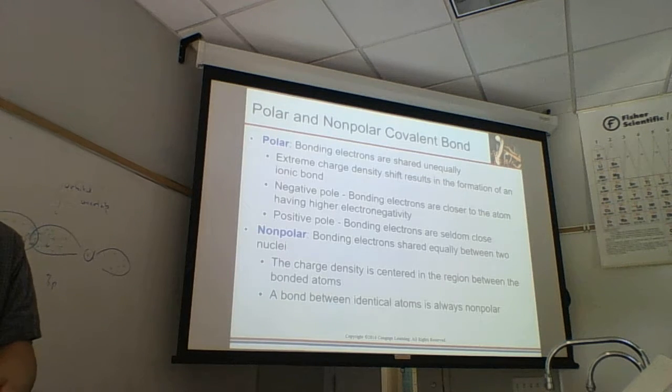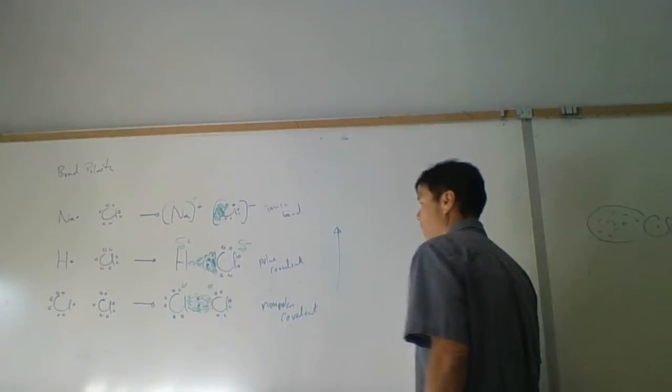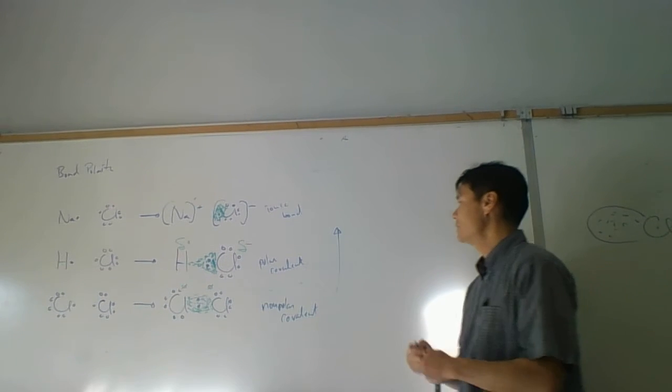Electric poles have a positive pole and a negative pole. And so the most polar would be the ionic bond because we have a negative pole, the chloride, and a positive pole, the sodium. And then a little less polar would be the polar covalent, which would have a partial negative and a partial positive. And the least polar would be the non-polar, which doesn't have any poles associated with it. So this is in terms of increasing polarity.